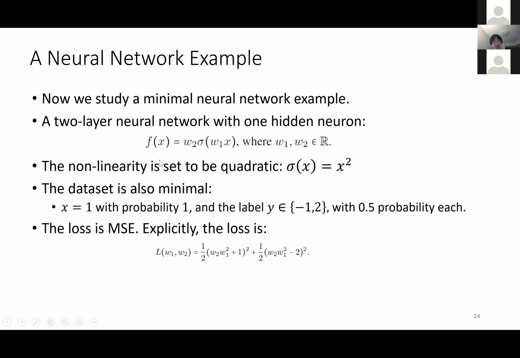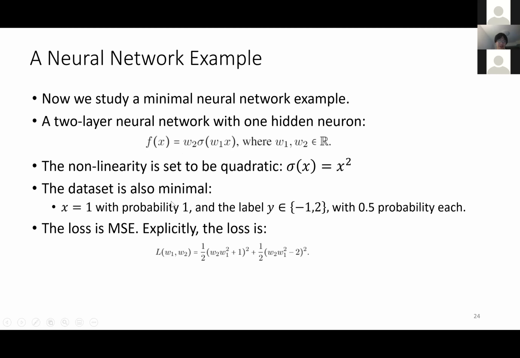The network is defined as this, where W1 and W2 are our parameters, and both are scalars. The input is one-dimensional with a nonlinearity sigma. In our example, we set the nonlinearity to be quadratic, so it's x squared for an input of x.